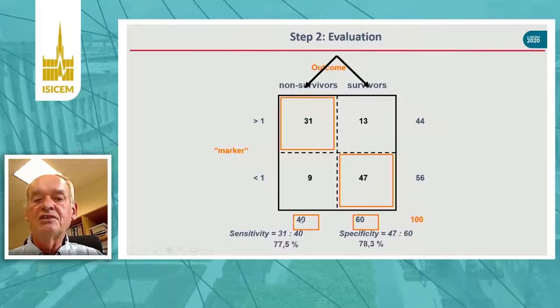And you just compare this with the whole number of non-survivors. This is the so-called sensitivity. And vice versa, you look at the surviving patients. Are they negative in the biomarker? 47 divided by 60 in total. This is the specificity of the marker. Okay, so now we have information about the sensitivity and the specificity of the biomarker.